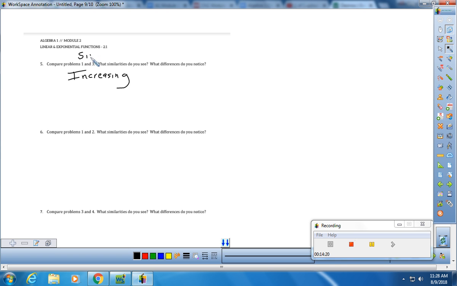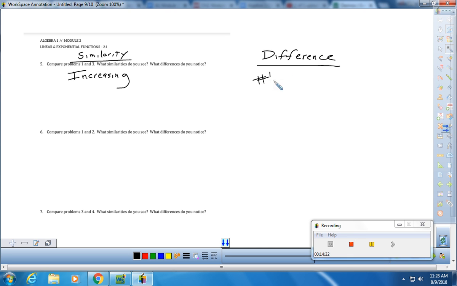That's a similarity. A difference is that number 1 was linear, and number 3 was geometric.